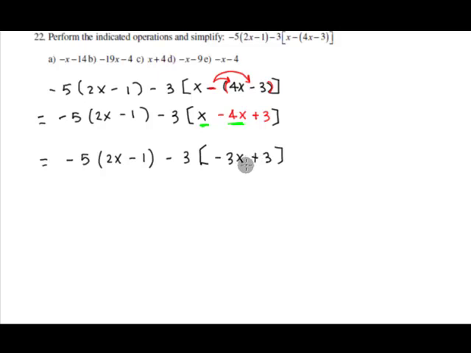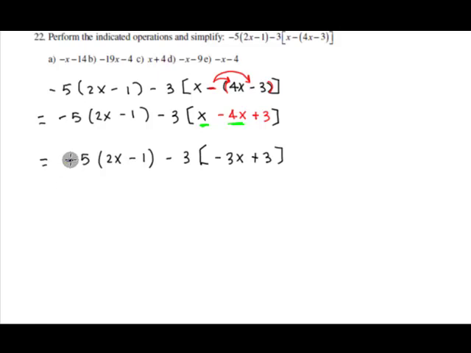So now all I'm left with is multiplication: -5 times 2x minus 1, subtract 3 times -3x plus 3. So the next step is multiplication here by using the distributive property, and multiplication here by using the distributive property. Once I distribute, I remove all the parentheses. Let me take care of the -5 first.